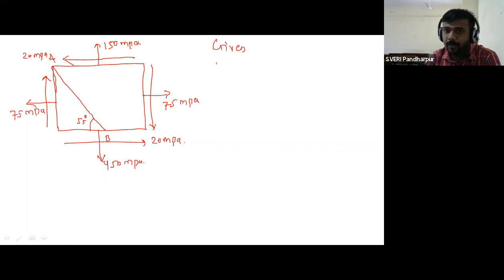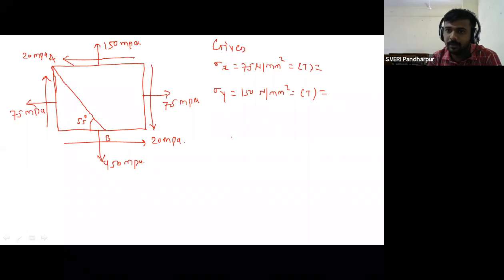So given sigma x is equal to 75 Newton per mm square, megapascal means Newton per mm square. Both are tensile. Then sigma y is equal to 150 Newton per mm square. It is also tensile. Tau is given 20 Newton per mm square.